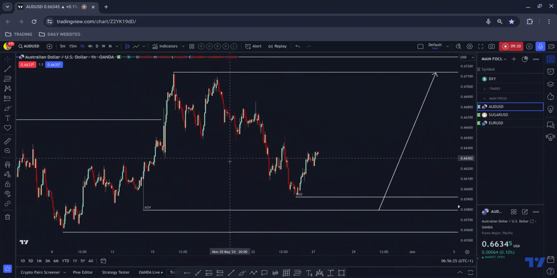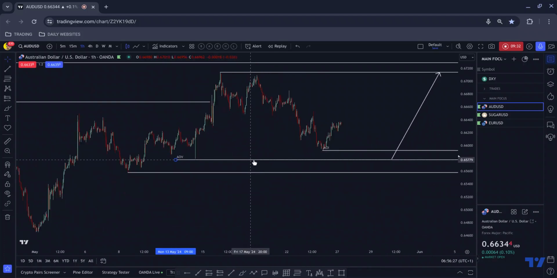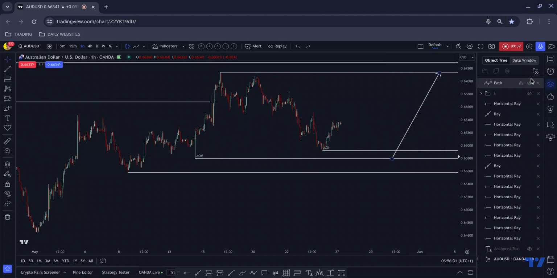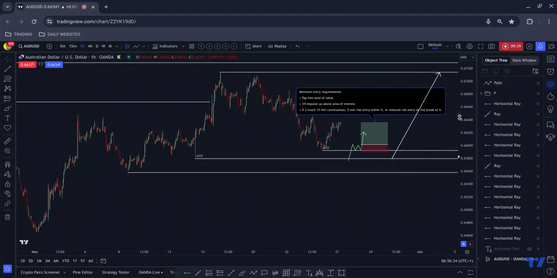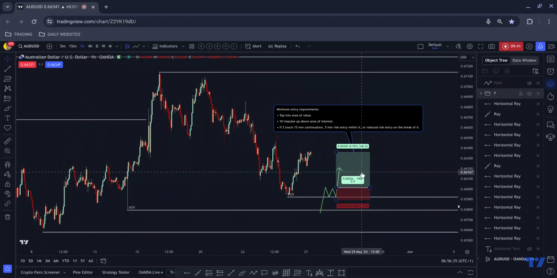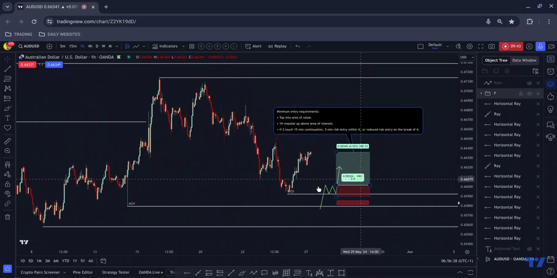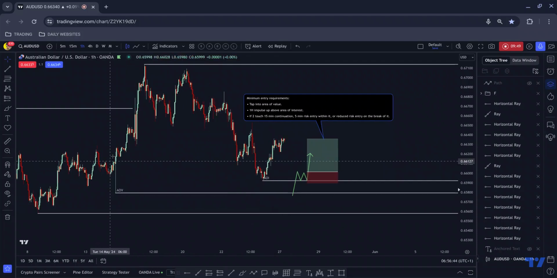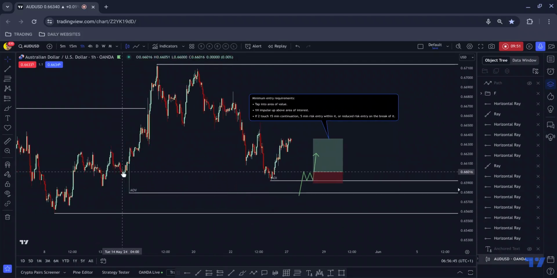So with that in mind, what are we looking for? What I will be looking for from this pair today is the following. As I say, I don't think this is going to be ready, but if it is, great. I'll be looking for a tap into this area of value where there was likely a lot of liquidity.